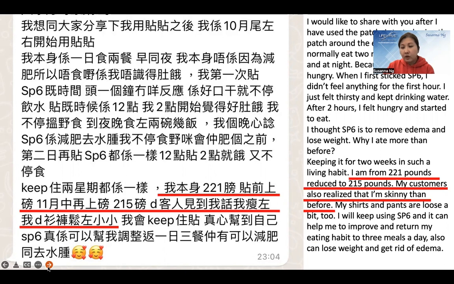So he feels it's a good product, and he keeps using it, and it also helps him reduce the peptides he needs, and also control the diet.